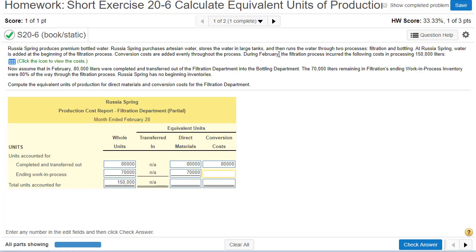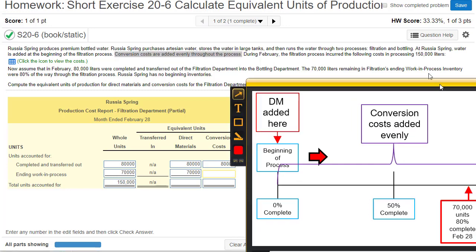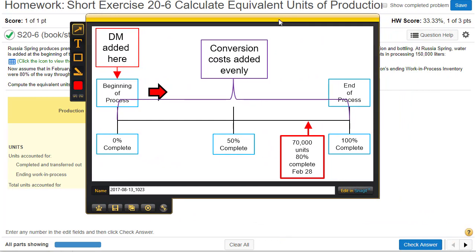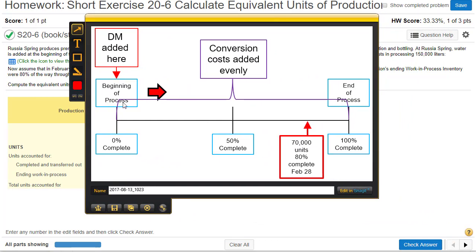Now let's go to conversion costs. Conversion costs are added evenly throughout the process. So here's another version of our timeline. So notice I've added this purple part. Conversion costs are added evenly. So in other words, if the units were halfway done, then that means they've gotten half the conversion costs added to them.